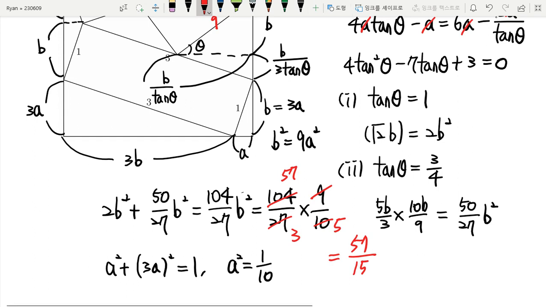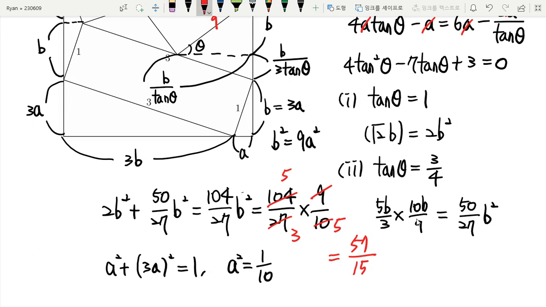And then that's the answer. And now what's the sum of the numerator and denominator? But let me think, sorry, I was wrong. This is 52. Sorry.